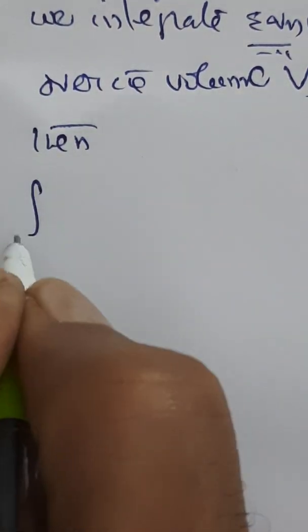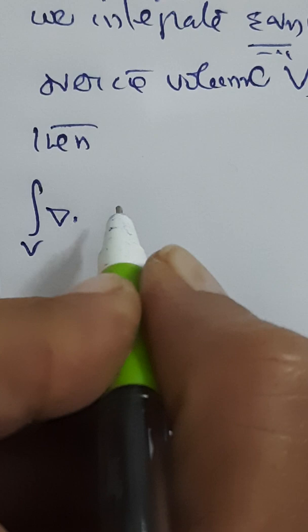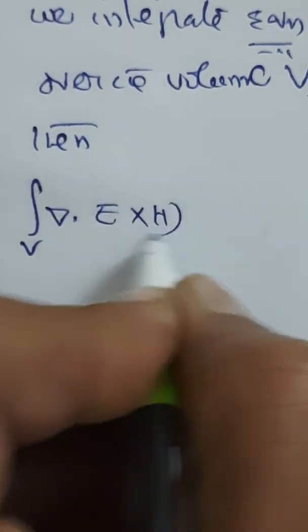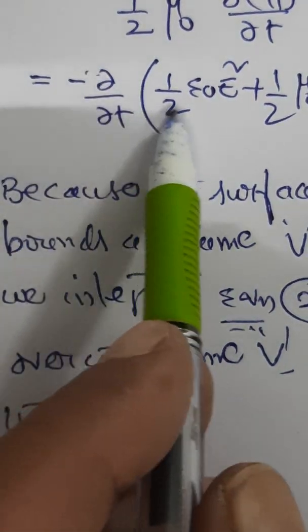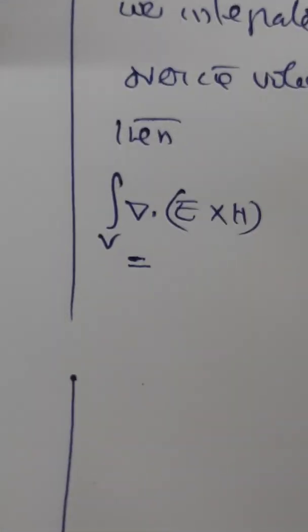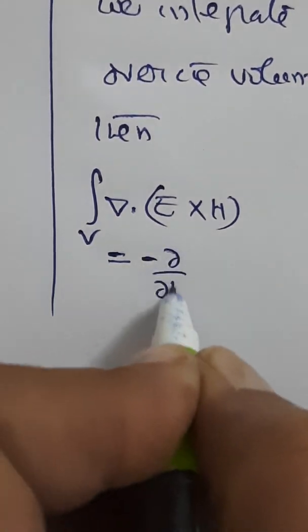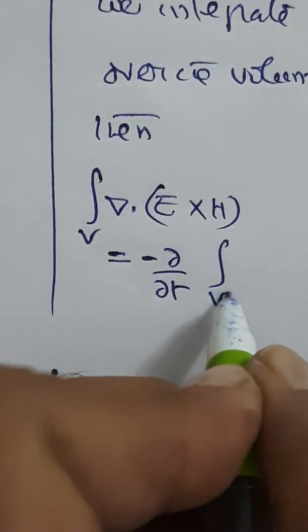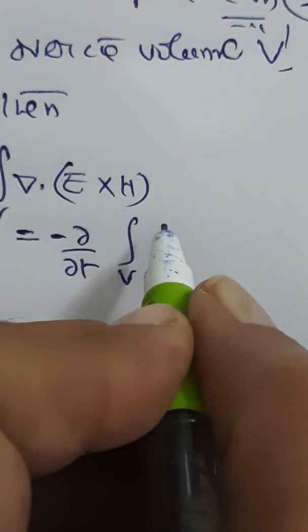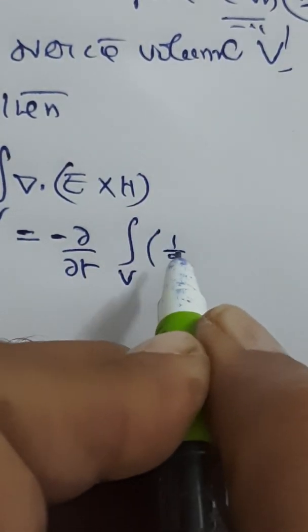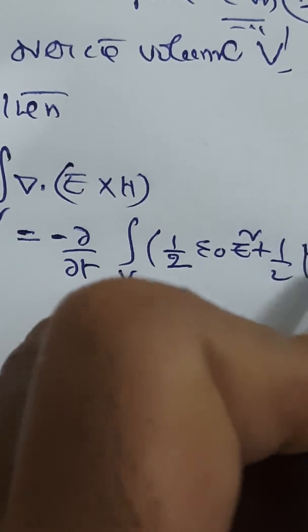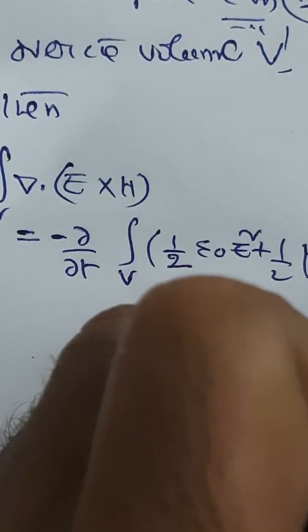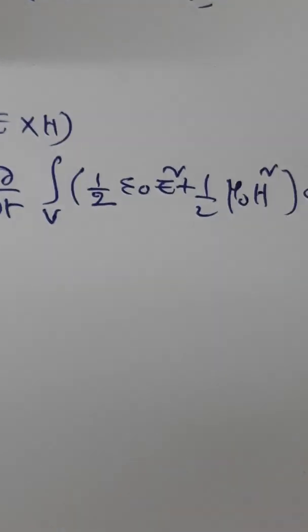We will get integral V of del dot E cross H, that is the left hand side, equal to, taking the common thing out and integrating the rest, minus dou by dou t of integral V of half epsilon naught E square plus half mu naught H square dV. That is the expression.